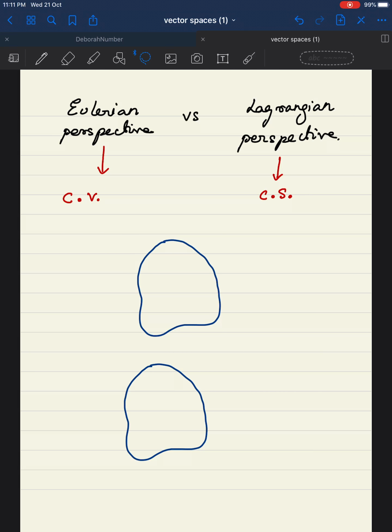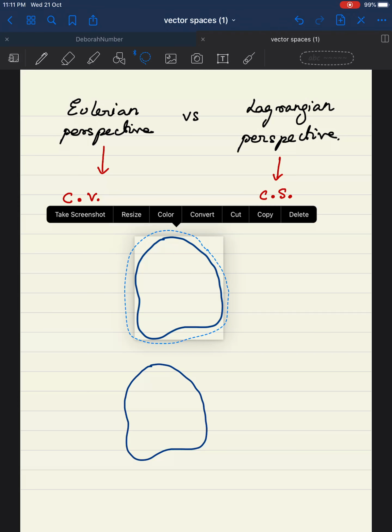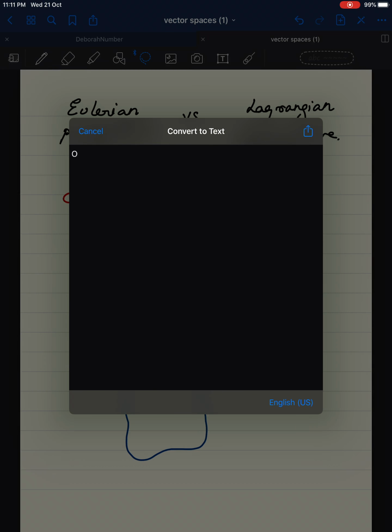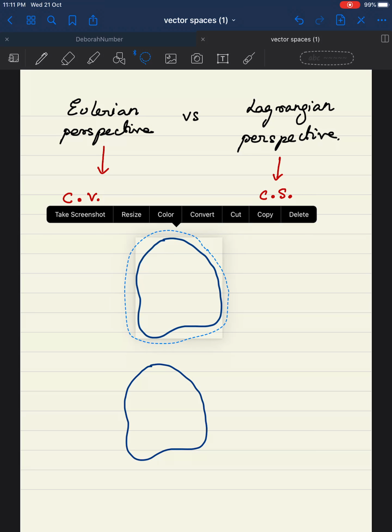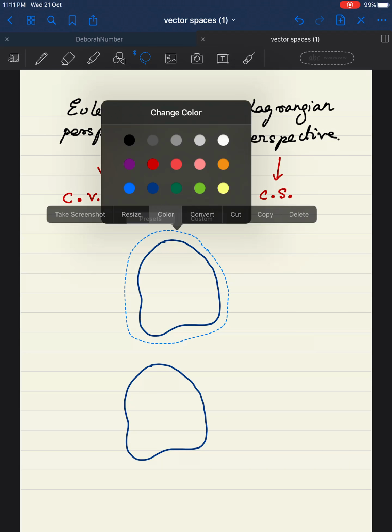Okay, and I need this one more time. Sorry about that. Maybe I should have just drawn it earlier.